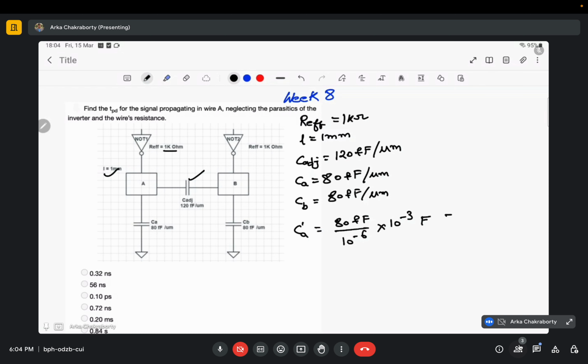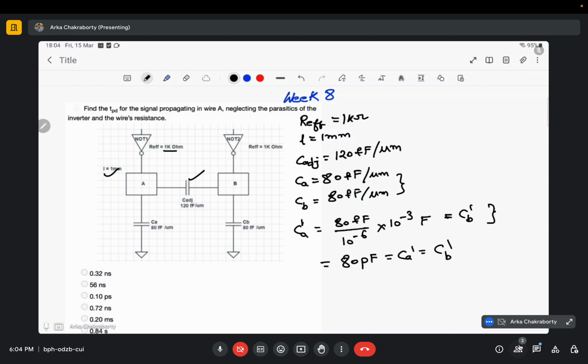Correct? Which would be equal to Cb also. Let me write the net capacitance as Ca prime and Cb prime for distinguishing between these two. Therefore, it will come around 80 picofarad, Ca prime equals Cb prime.